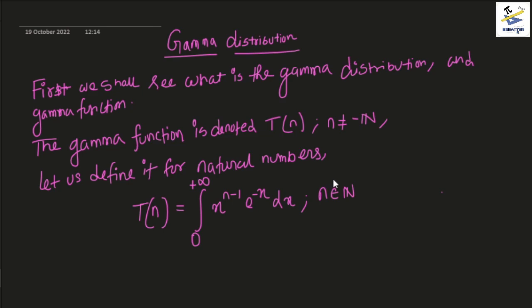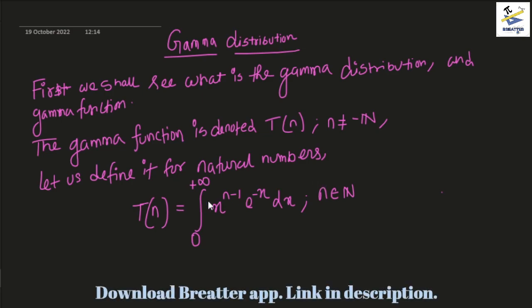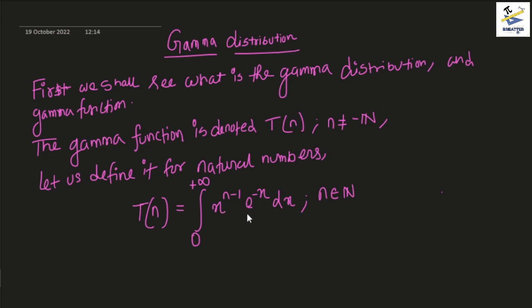For n belonging to natural numbers, that is n is 1, 2, 3 and so on, all the positive integers, we can define gamma of n as the integral from 0 to positive infinity of x to the power n minus 1 multiplied by e to the power minus x dx. This representation is that of the gamma function.